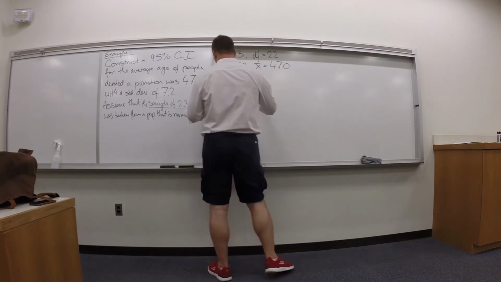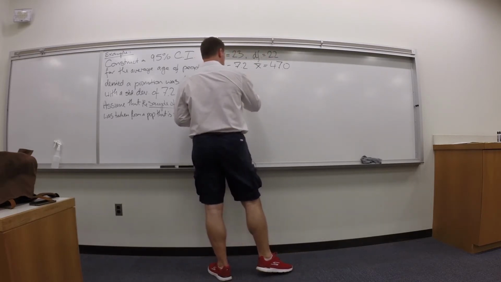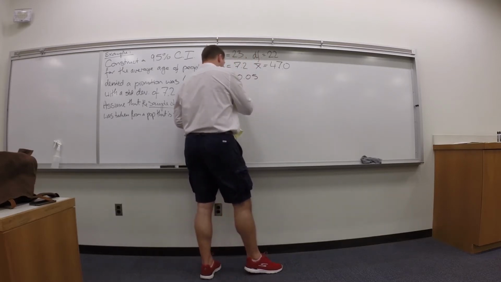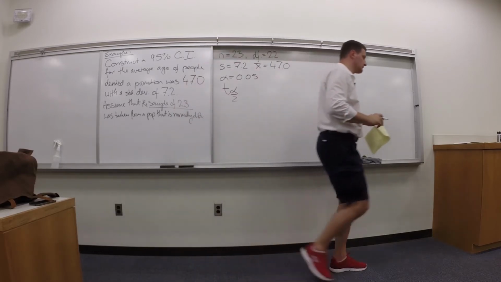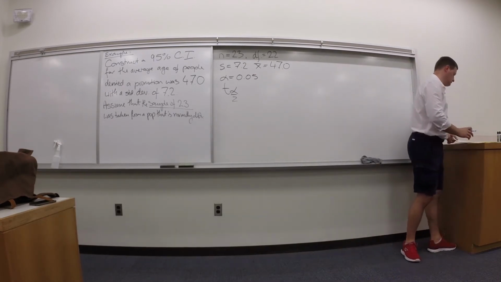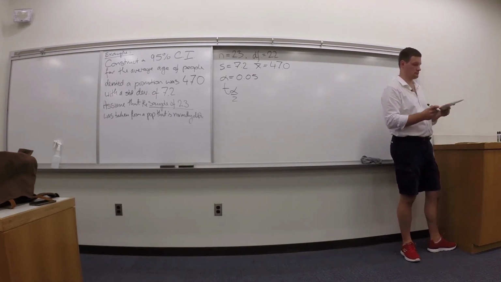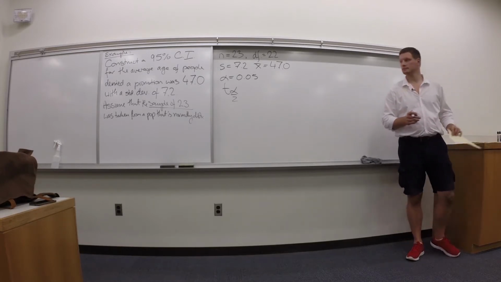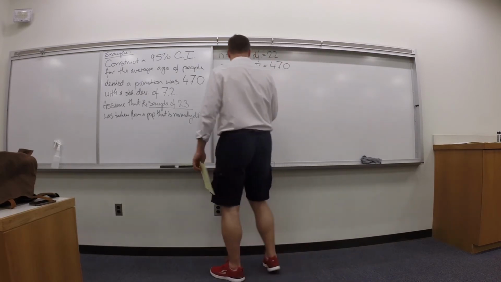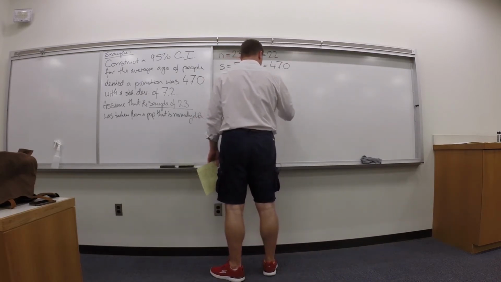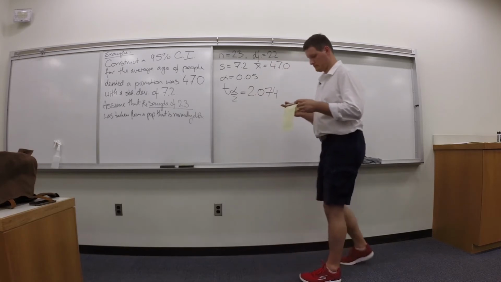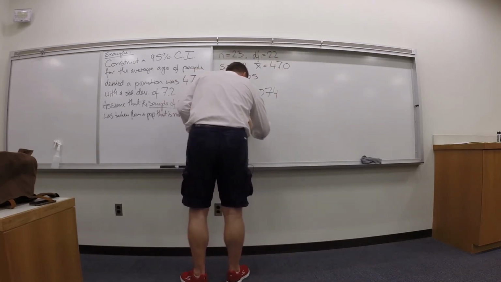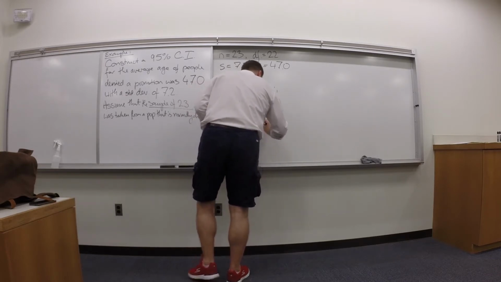Okay. And alpha 0.05. So T alpha over 2, how much is that? All right, so our E is defined as T alpha over 2 times s divided by square root of n.